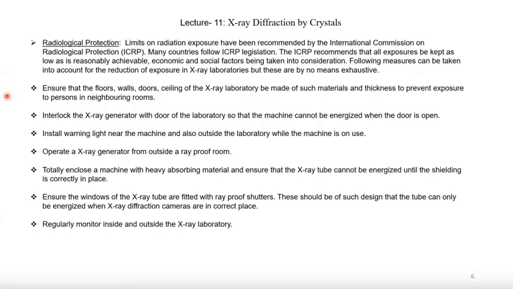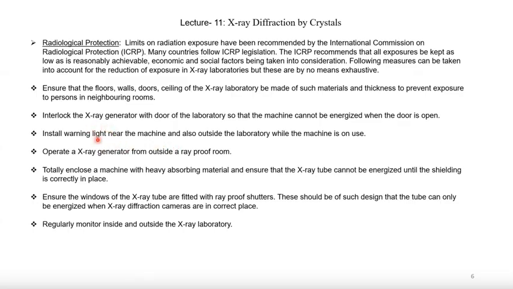Another way is interlocking the X-ray generator with the door. Whenever the door is open, the X-ray or radiation machine will not be energized. So you have to shut the door, and then it will be energized.